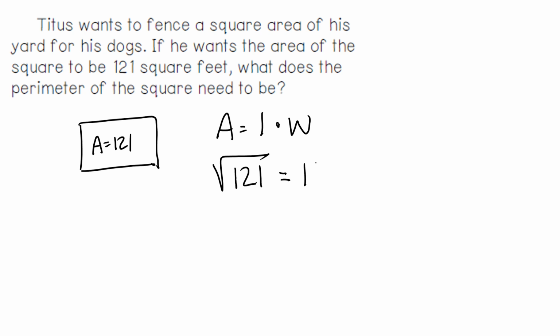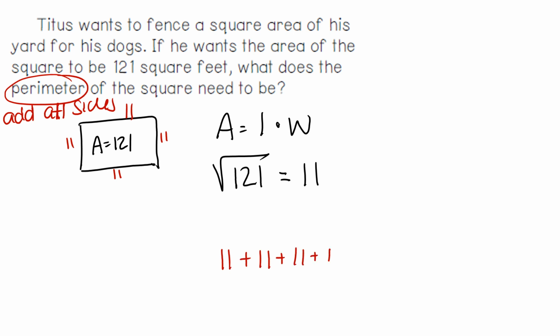Well, the square root of 121 is 11. 11 times 11. Again, this problem is asking for the perimeter where we add all sides. Meaning we're going to add 11 4 times. Each side is 11. 11 plus 11 plus 11 plus 11 is going to give us 44. Our answer is going to be 44 feet.